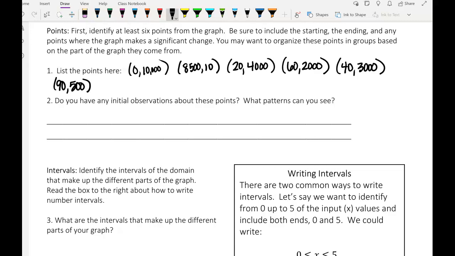Maggie, what's a point you guys came up with? 50 and 2,500.